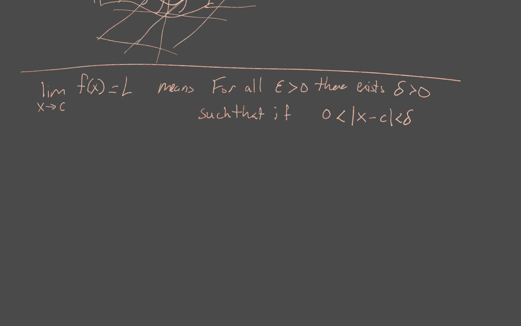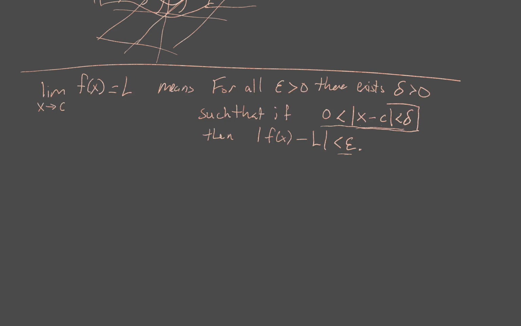If my inputs are close enough to c, my x values are close enough to c within delta of c, then the outputs f of x and the limit are within epsilon of each other, right? My output tolerance is guaranteed as long as I've got my inputs close enough together.